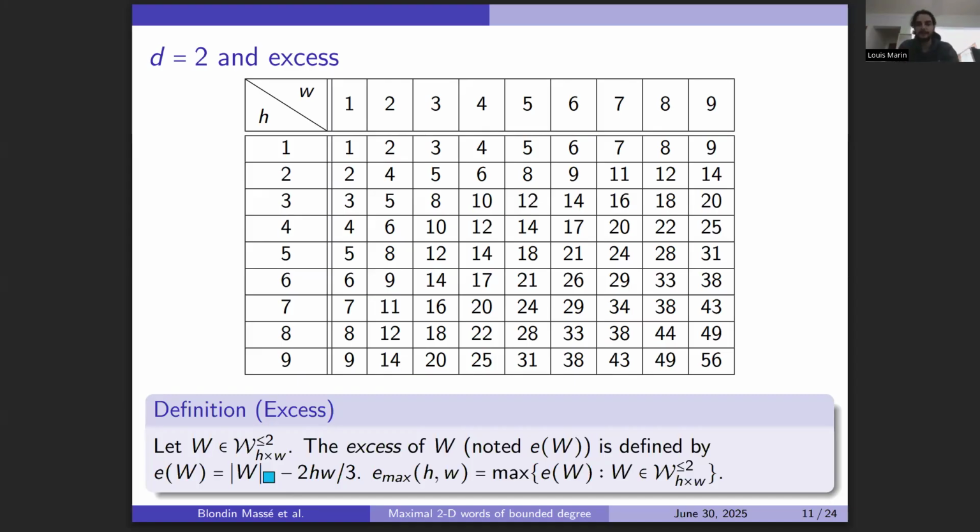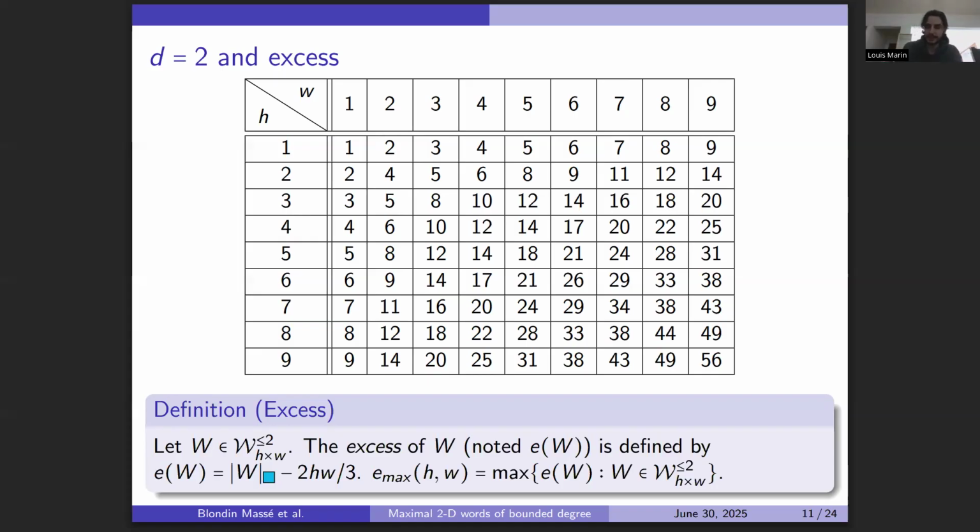So you look at how many of your letters are occupied cells compared to 2/3 of the word. And we say that the maximal excess of dimension H by W is simply the excess of the maximal two-fold word of dimension H by W.